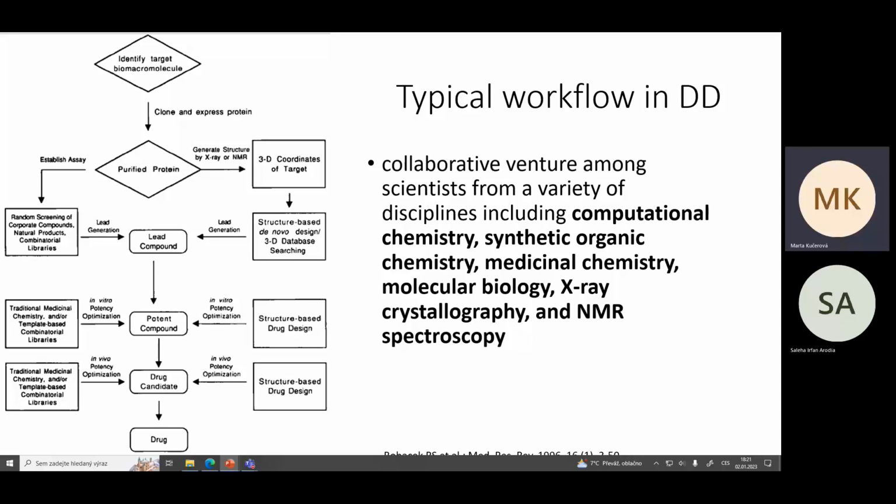So let's focus on a typical workflow in drug design. Already in my very first lecture, I said that identification of the target biomacromolecule is the first step of targeting any disease.